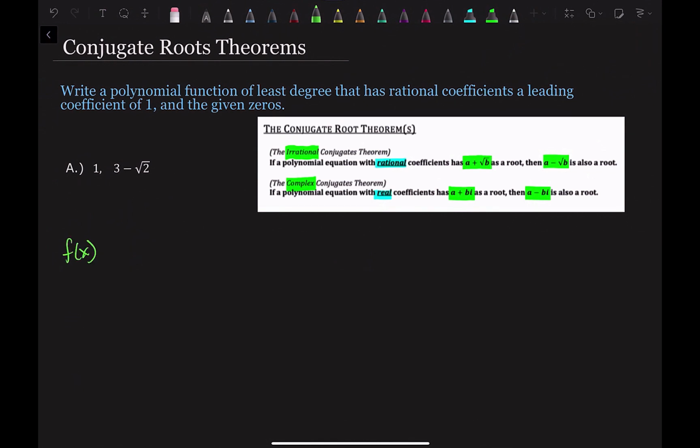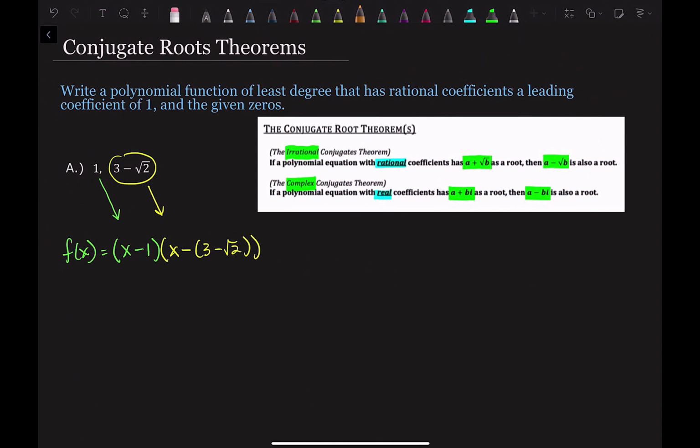That's not really the important part right now. The important part is that its factored form is going to include an x minus the first root of 1. It's going to include an x minus 3 minus root 2, also given to us.